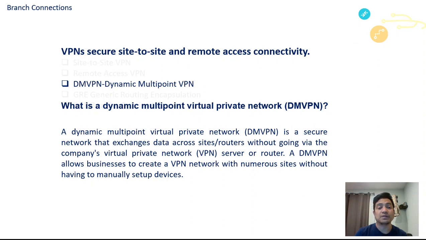A dynamic multi-point virtual private network, or we call it shortly DMVPN, is a secure network that exchanges data across sites or routers without going via the company's virtual private network or VPN server or router. A DMVPN allows businesses to create a VPN network with numerous sites without having to manually set up devices.